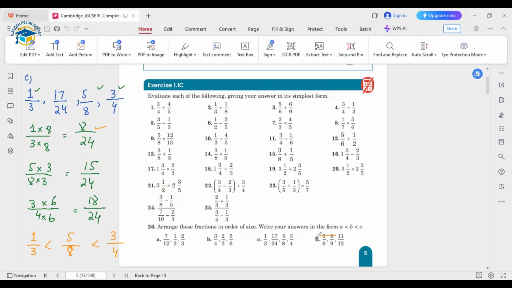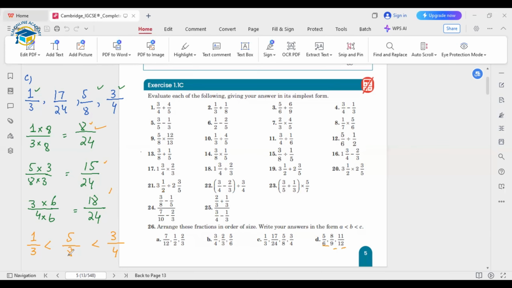Similarly, in part D, you can try how to arrange the fractions in order of their size, by checking how the fractions can be made with one single number. All the denominators must be similar. After making the denominators similar, you can arrange them very easily by checking the numerators, which one is the smallest and which one is the greatest.